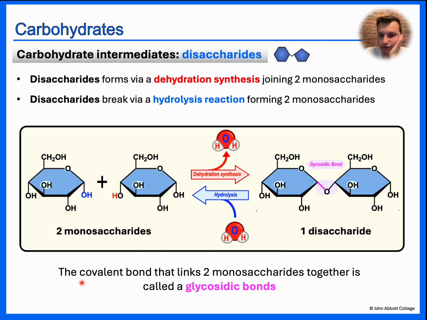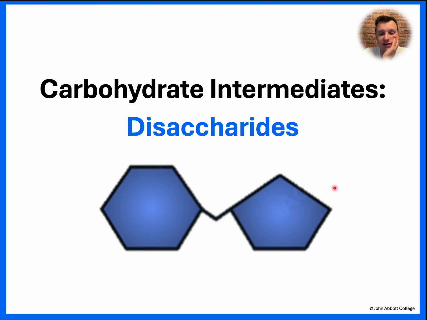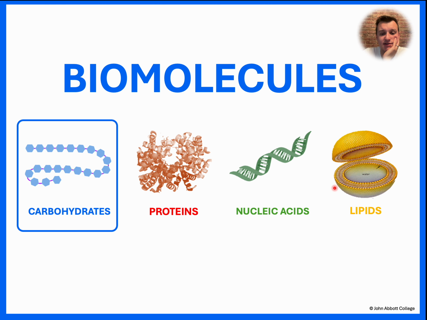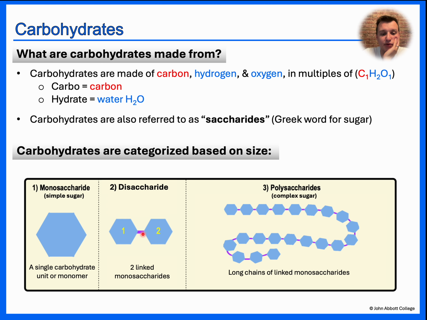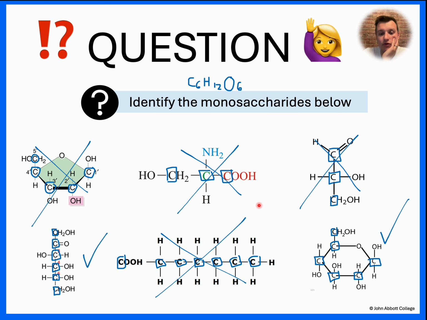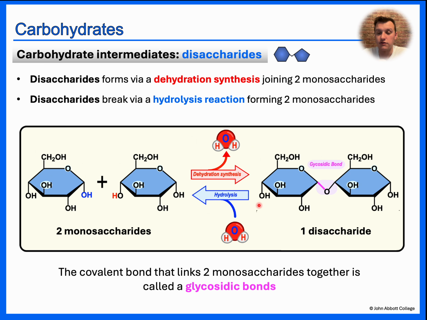What I want you to know, specifically for carbohydrates, is that we always called this a bond. We said that we make these bonds, all these bonds between these. When it's sugars, the bond actually has a special name. The covalent bond that links the 2 monosaccharides together is called a glycosidic bond.